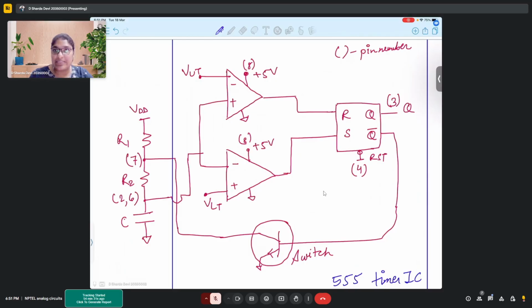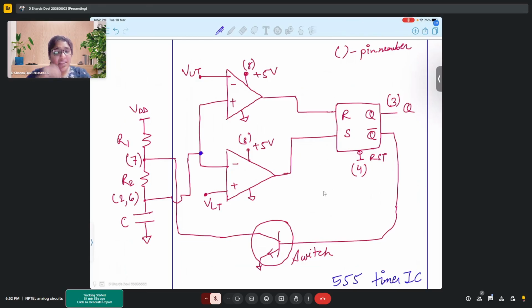So that's how the two states of this RS flip flop will define whether the capacitor charges or discharges. And as we know, as the capacitor charges, the voltage at this particular node will start to increase, and you can see that there is one node which is connected to VUT and the other is connected to VLT, right? So these two comparators will come into picture, and based on these two comparators, your R and S values will change.